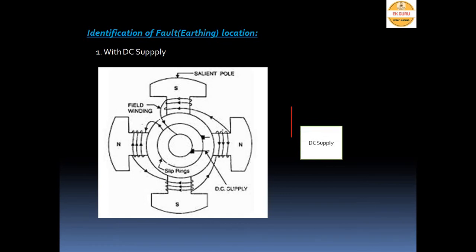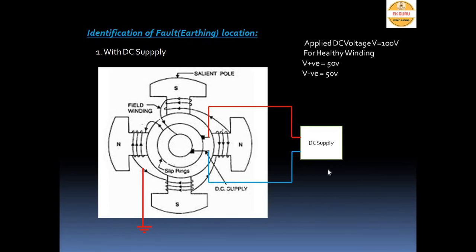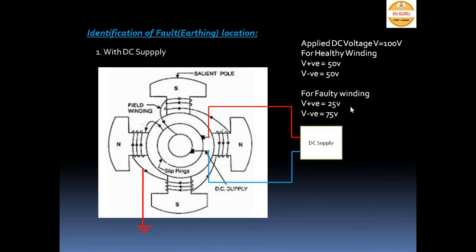Now we will see the case of faulty winding; I am considering the same fault between poles 1 and 2. For healthy winding, the voltage will be equally distributed, 50 volts and 50 volts.